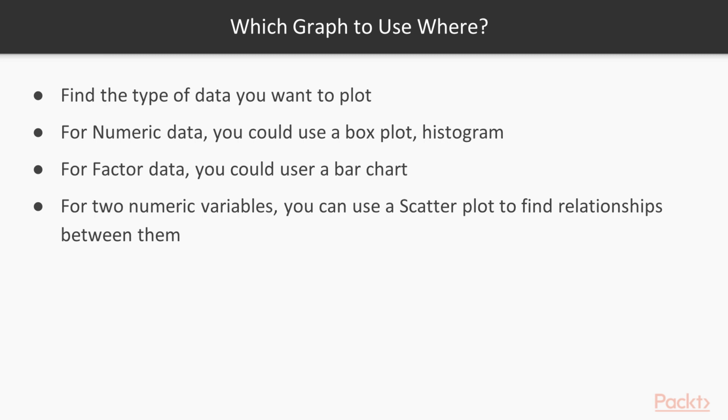Because numeric data basically consists of numbers which could be added, subtracted, or you can find an average. So it is quite obvious that you would try to understand the minimum, maximum, average, median, and this would help you understand in case you have any outliers in your numeric data.